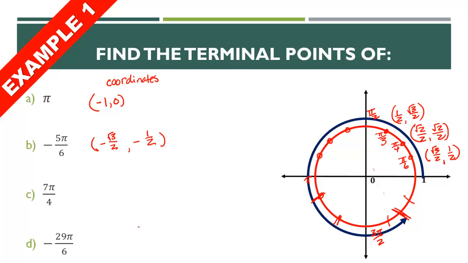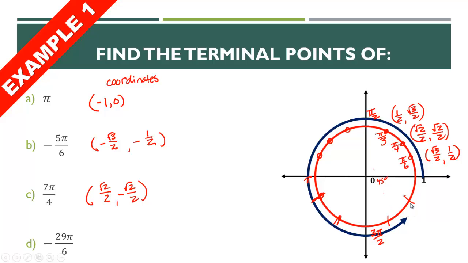Pi over 4, we're at root 2 over 2, root 2 over 2. Now let's just go ahead and figure out the signs. We're in the fourth quadrant, so our x is positive, but our y is negative. Again, because we're talking about our 45-degree angle here, which is these coordinates.